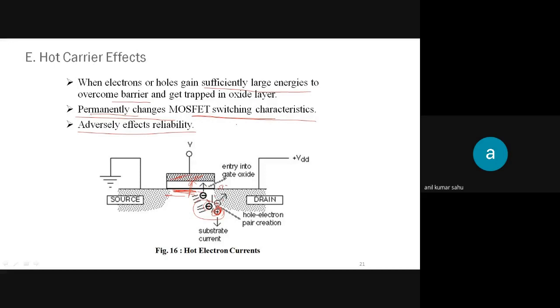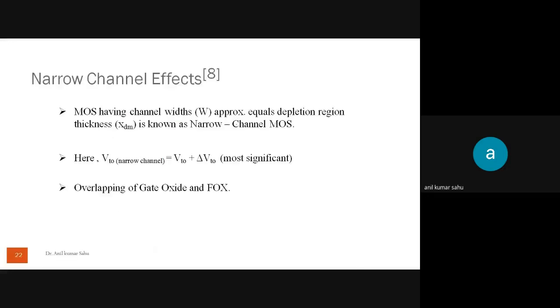So the hot carrier effect means electrons and holes can gain sufficient energy and overcome the barrier, and electrons can be trapped in the SiO2 layer. Because of this, there is definitely a permanent change in the MOSFET switching characteristics.